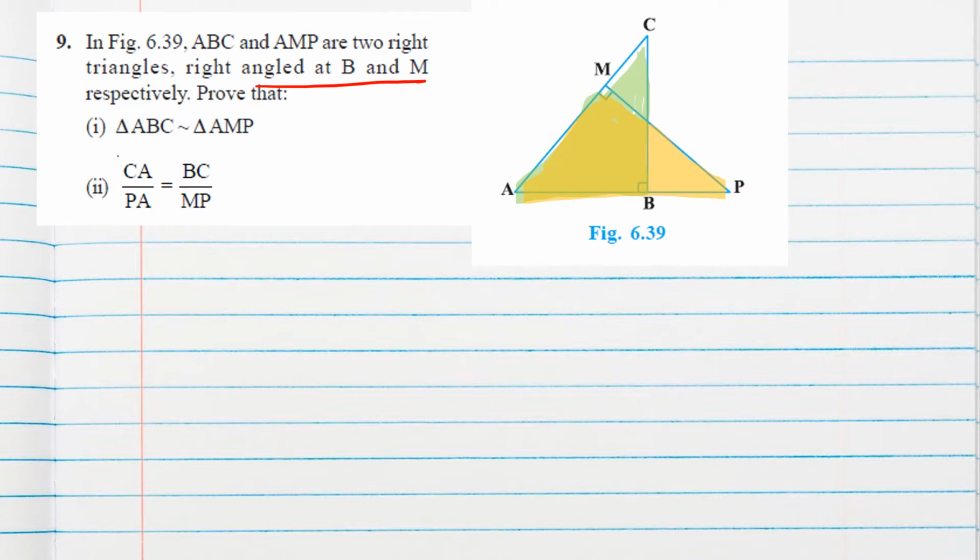Now in these two triangles, if you consider directly, we can observe angle A is common, and that means one more angle we need here. So first we will write all the given things here.